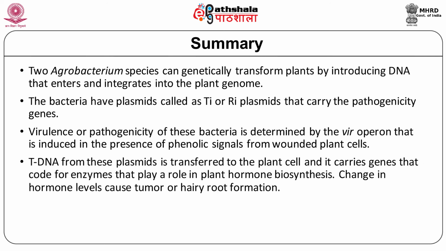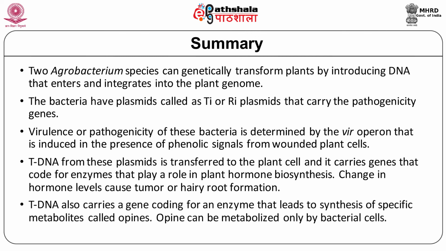The tDNA from these plasmids is transferred to the plant cell and it carries genes that code for enzymes which play a role in plant hormone biosynthesis. The change in hormone levels cause tumor or hairy root formation. The tDNA also carries a gene encoding for an enzyme that leads to synthesis of specific metabolites called opines. The opines can only be metabolized by the bacterial cells.